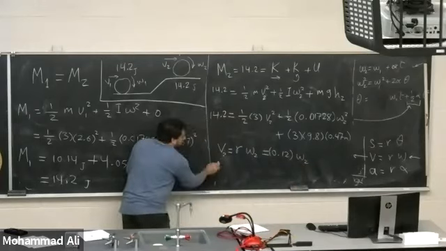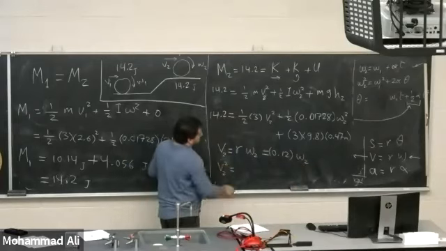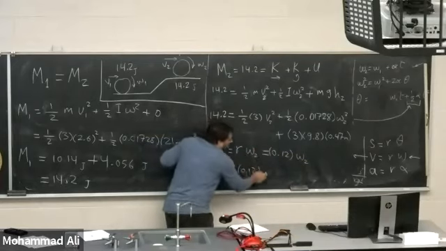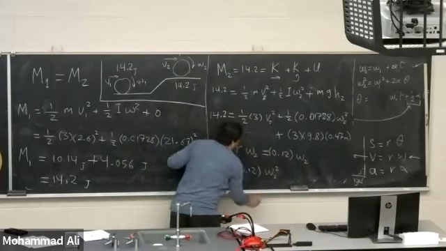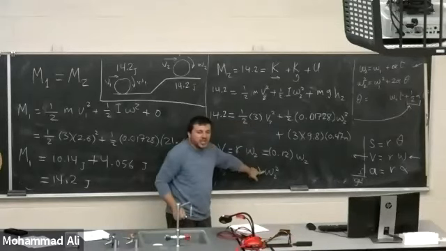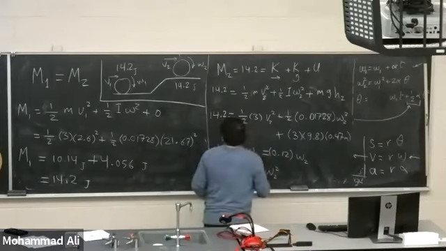V squared is equal to, just square that thing, which is 0.12, omega 2 squared. I can put this here. In this case, my relation just has omega 2 squared, right?